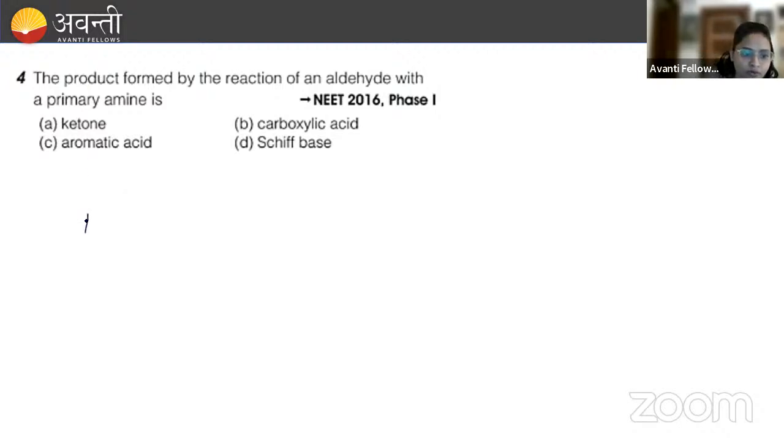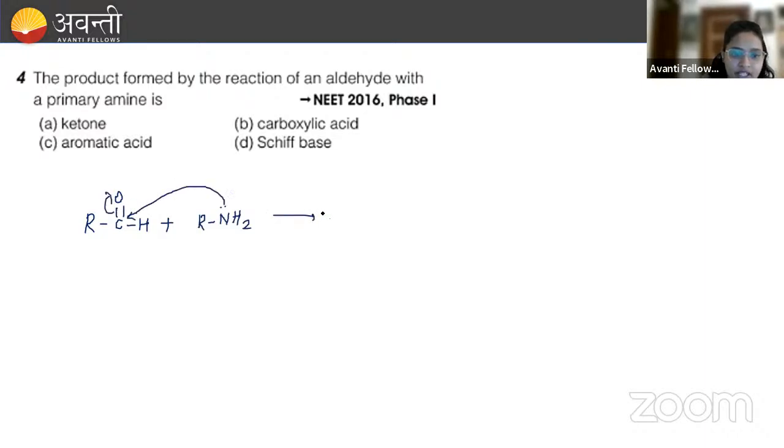Should I draw the aldehyde? We will take a common aldehyde. In general RCHO reacts with amine RNH2. Okay, this is primary amine reacting with benzaldehyde. What will happen? These have a lone pair of electrons. They will attack here.